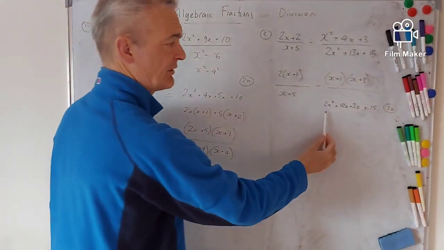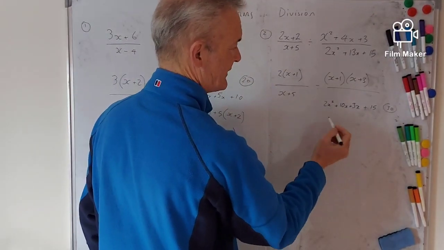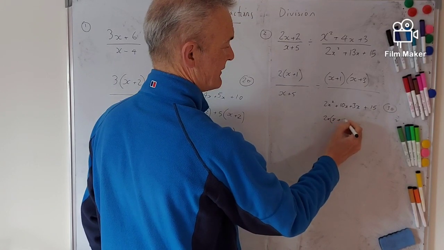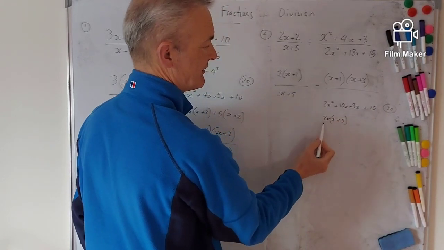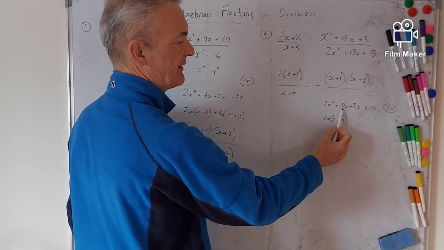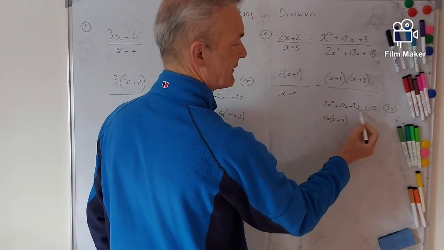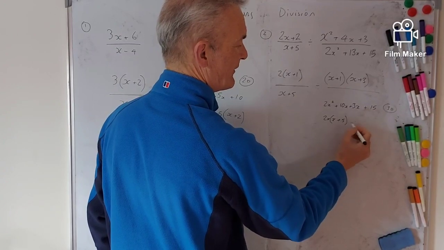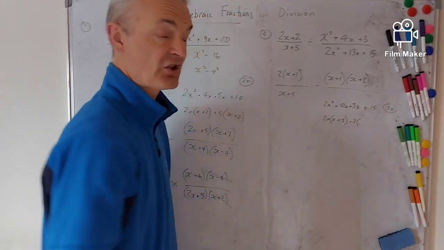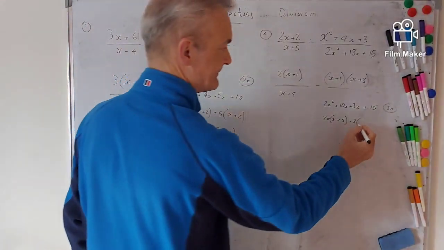And then we're going to factorise half at a time. So we've got 2x here plus 5. So 2x times x is 2x squared. 2x times 5 is 10x. And then here we've got 3 as a common factor. And again, what's in brackets should be the same as what's there.